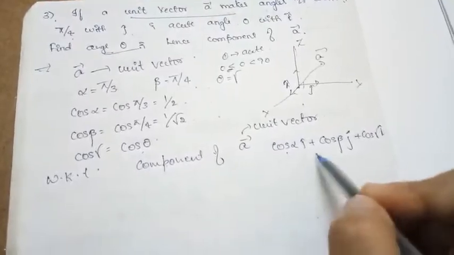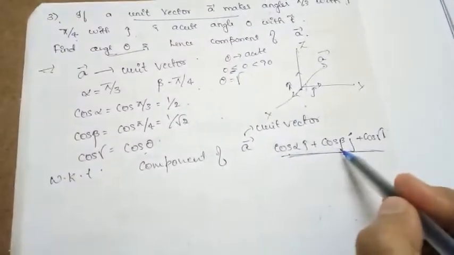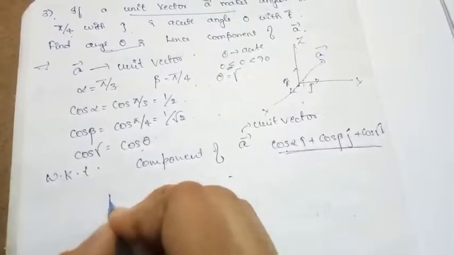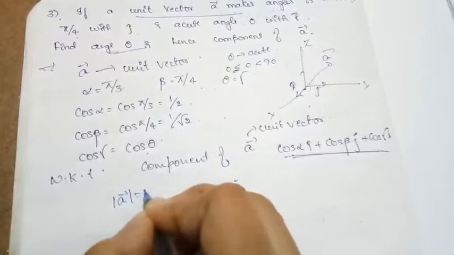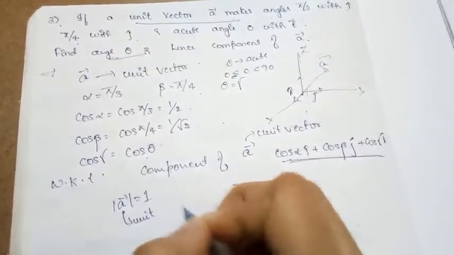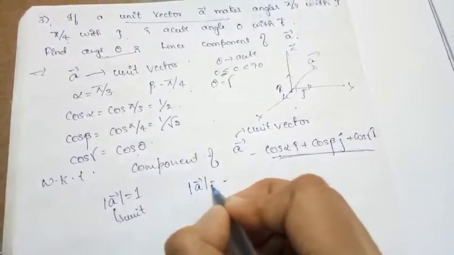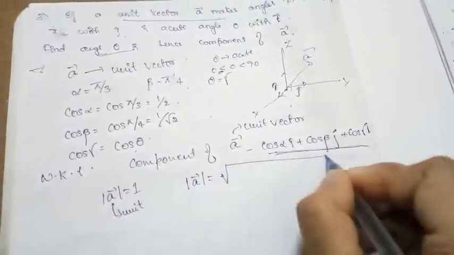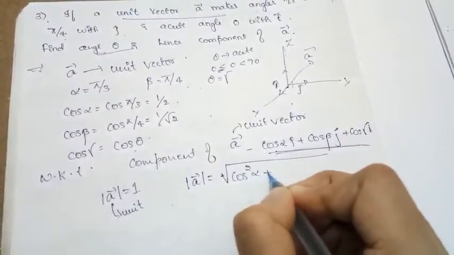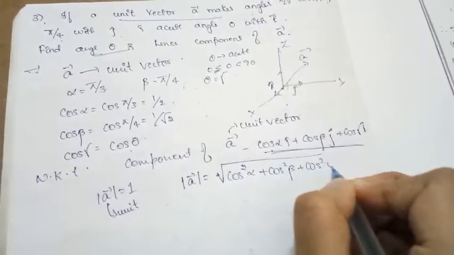So the component of the unit vector can be given in this way: cos alpha i cap, cos beta j cap and cos gamma k cap. We know that the magnitude of vector A is equal to 1, since it is a unit vector. Now the magnitude of vector A is the square root of cos square alpha plus cos square beta plus cos square theta.